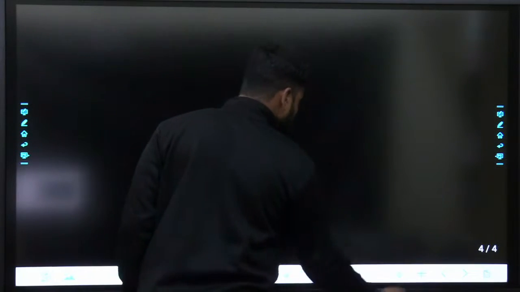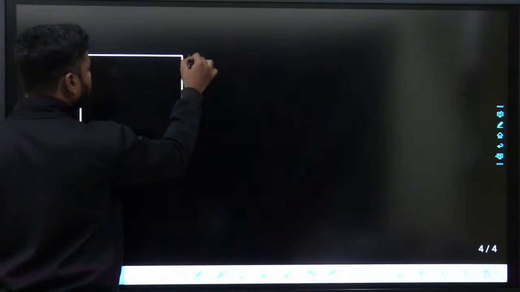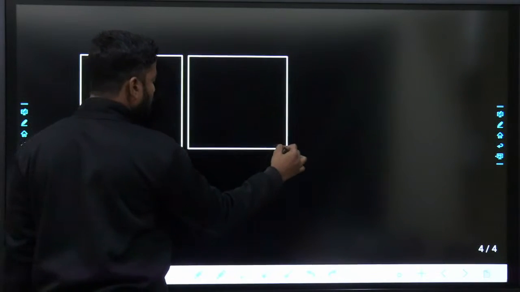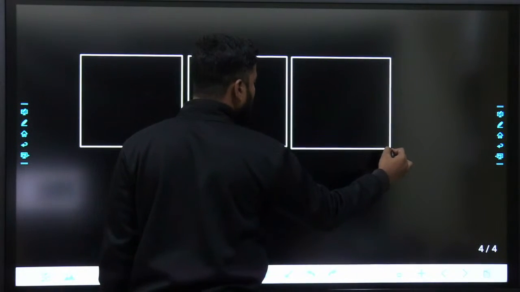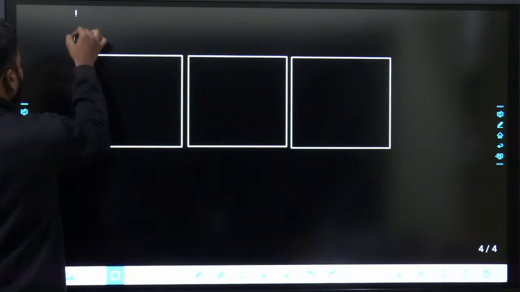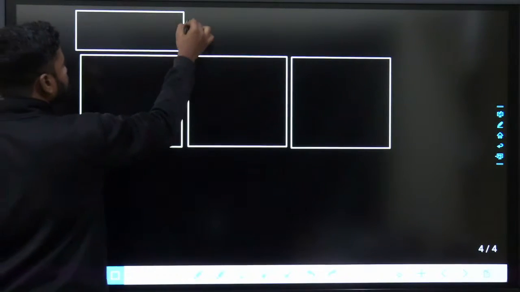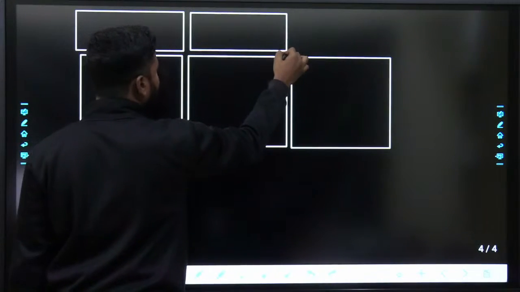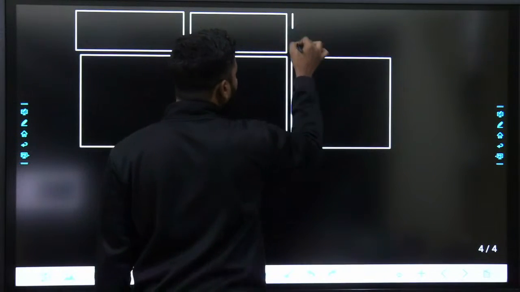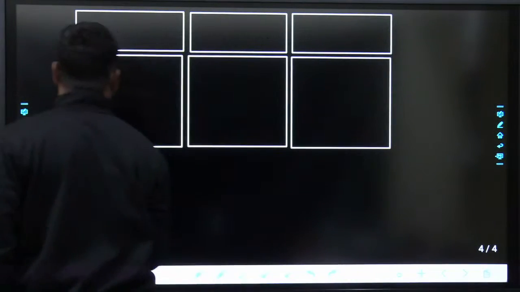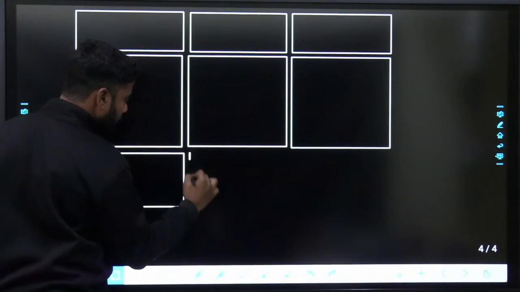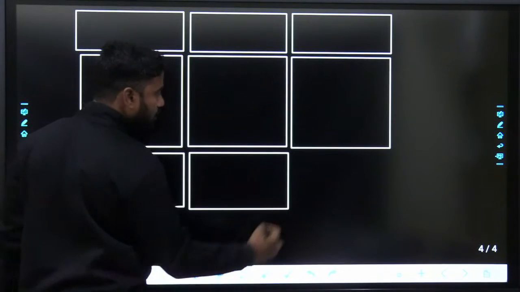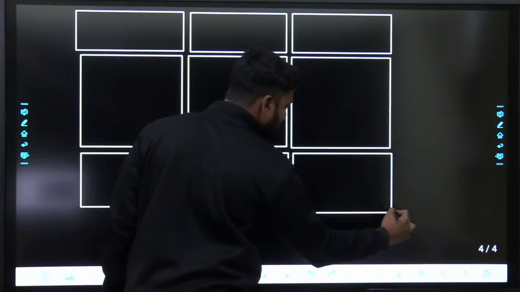Rigid pavements are constructed something like this. This is a concrete slab, this is another concrete slab, and another. For expansion and contraction, you will be providing a certain amount of joints, such as expansion joints, contraction joints, construction joints, and different types of joints.